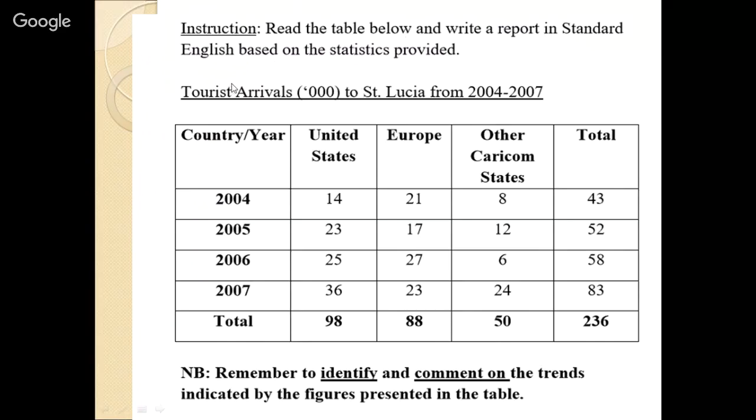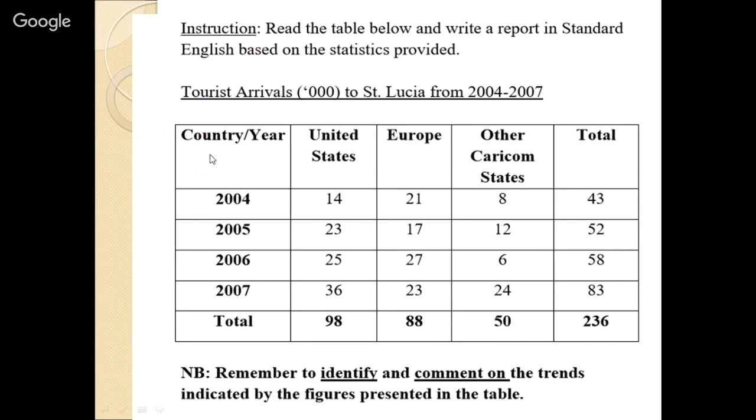I've seen a sample word limit somewhere. So the table that you're looking at is tourist arrivals in thousands to St. Lucia from 2004 to 2007. All right, so this is the information that is on the table.